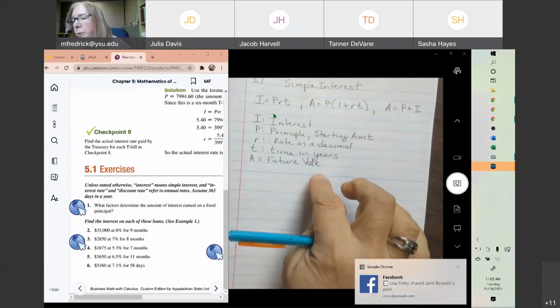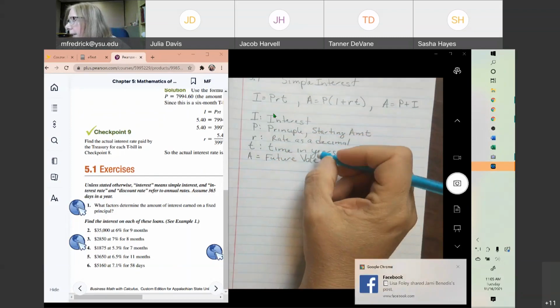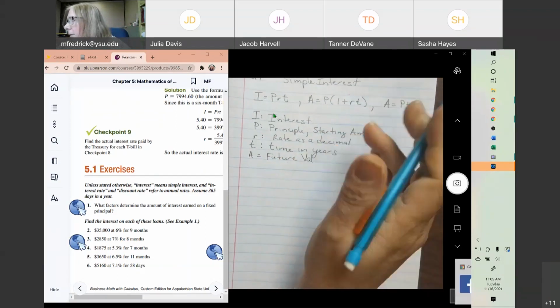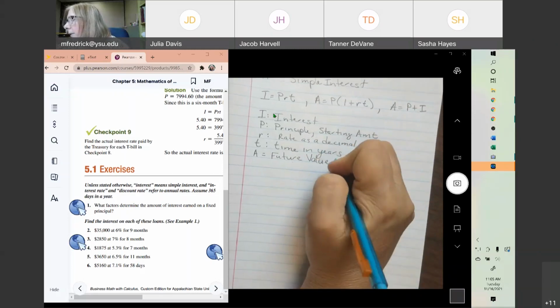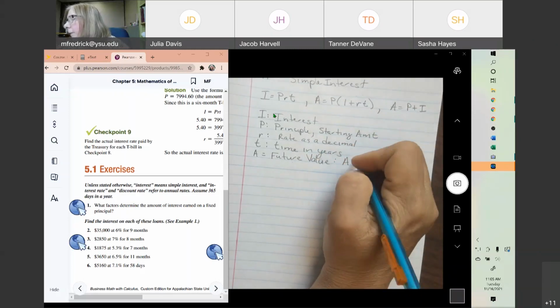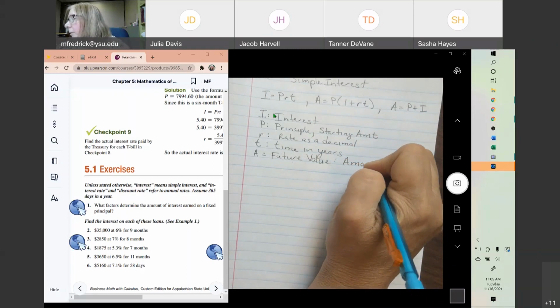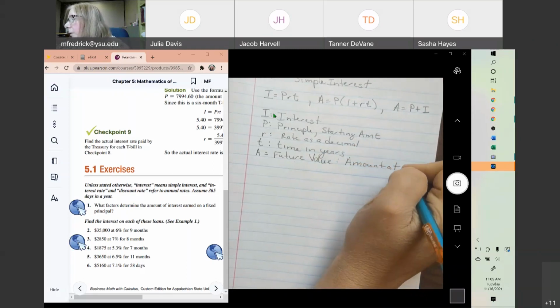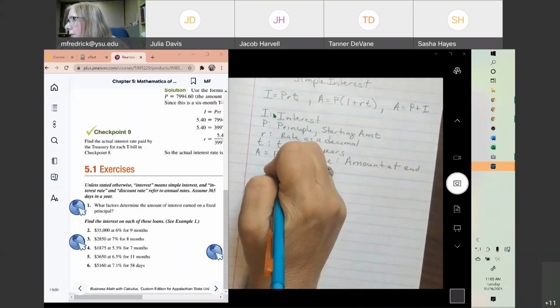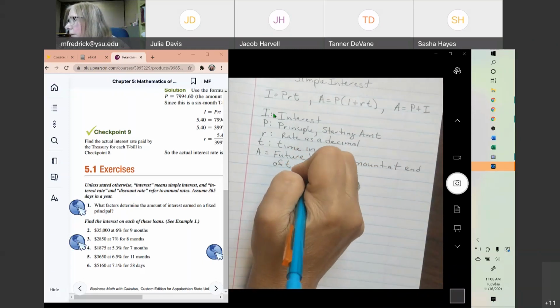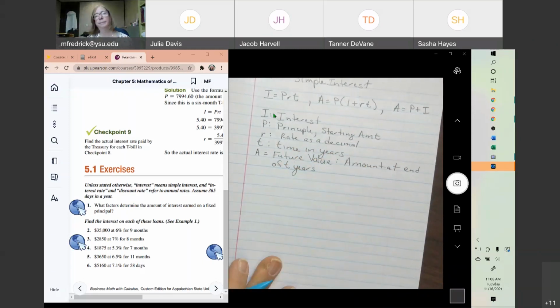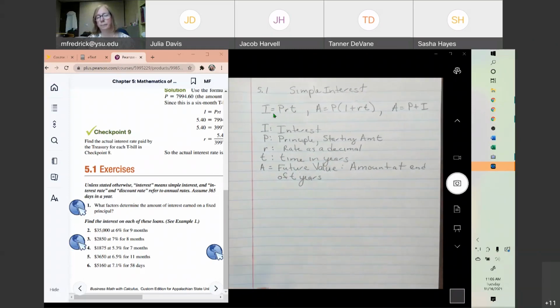So if you're looking for future value, you're looking for A. It is the amount at the end of T years. Okay.